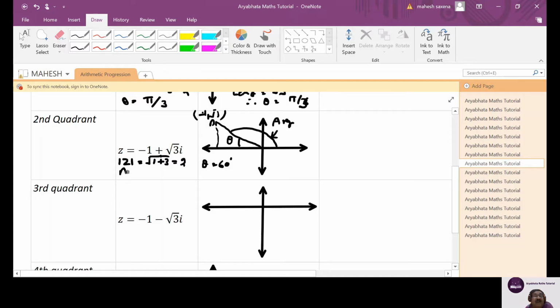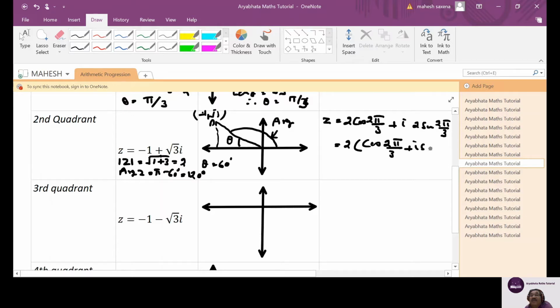Therefore, argument z is pi minus 60 degrees, that is 120 degrees, or 2 pi by 3. Therefore, the polar form is z equal to 2 cos 2 pi by 3 plus i 2 sin 2 pi by 3. Taking 2 common, this is 2 times cos 2 pi by 3 plus i sin 2 pi by 3.